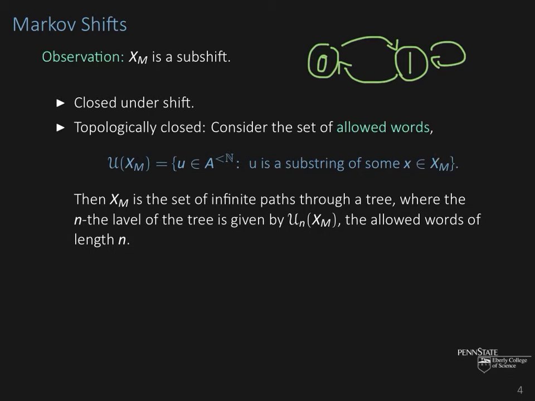But now, since our set X_M is closed under shift, if we see a substring anywhere in some x in X_M, then that substring must occur as the first string at some other x in X_M, namely the x that is obtained by shifting through this x where it occurs as some substring, all the way to the beginning.